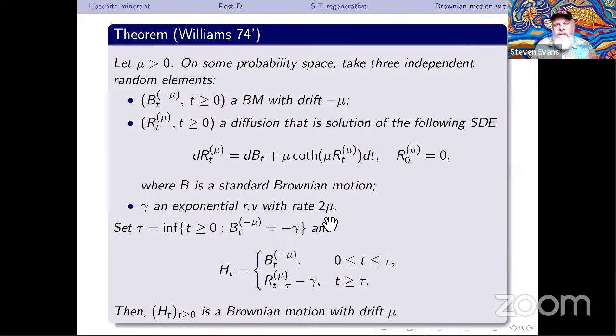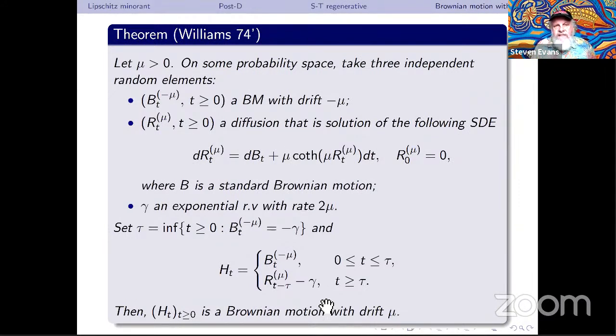And then we have to say how the Brownian motion with drift plus mu escapes its global minimum.